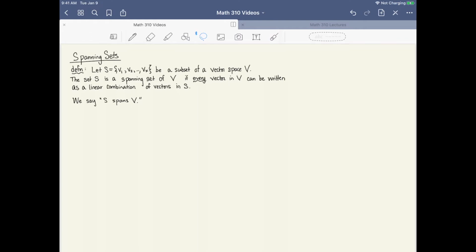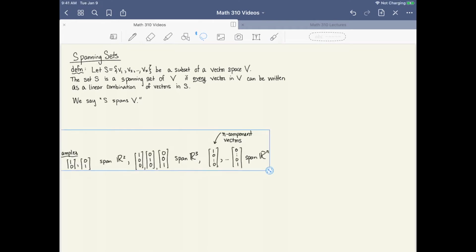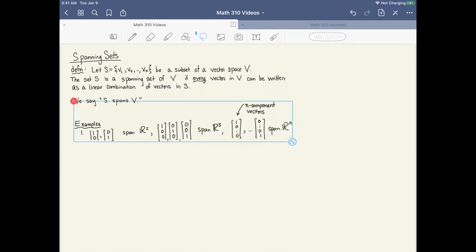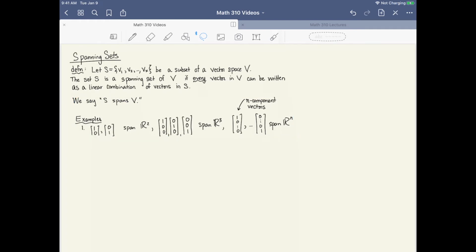You think of these vectors v1 through vk living in S as being the building blocks for the entire vector space V. So for example, if we are in R2, then (1, 0) and (0, 1) span R2. You can take any vector in R2 and write it as some linear combination of these two. (1, 0, 0), (0, 1, 0), and (0, 0, 1) similarly span R3.